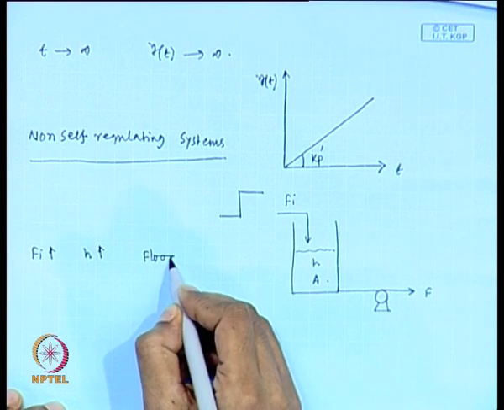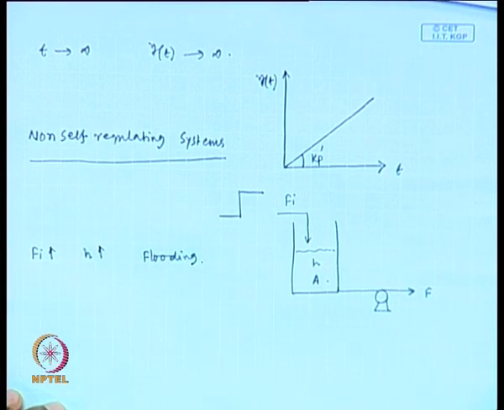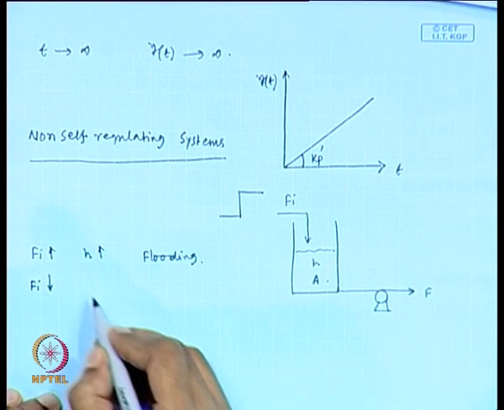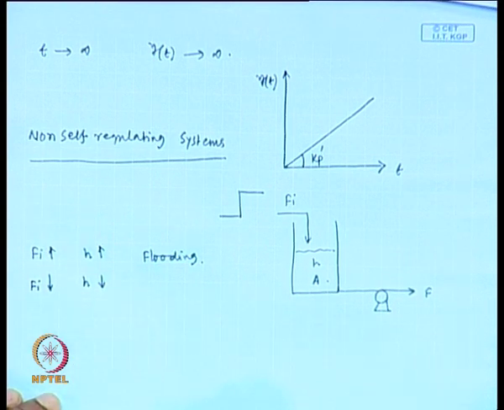So, flooding takes place. Similarly, if we decrease F_i, then height decreases, because pump is delivering constant quantity and the tank becomes empty. Fine. That is why we called this process as non-self regulating process. Fine.